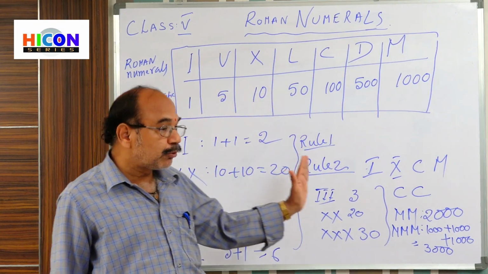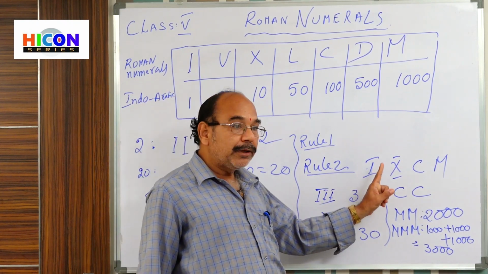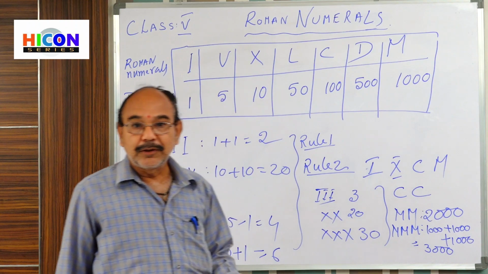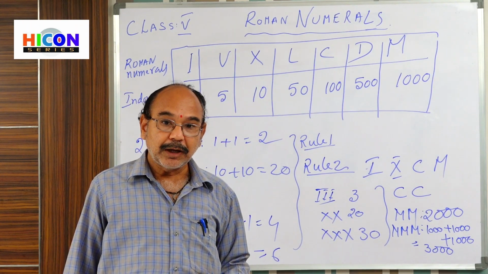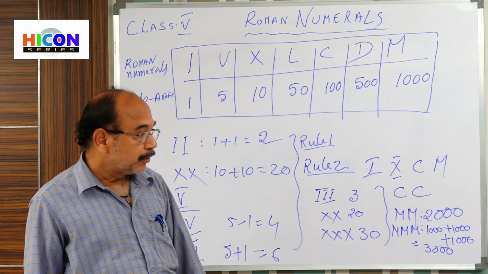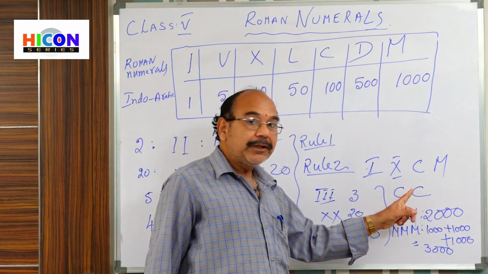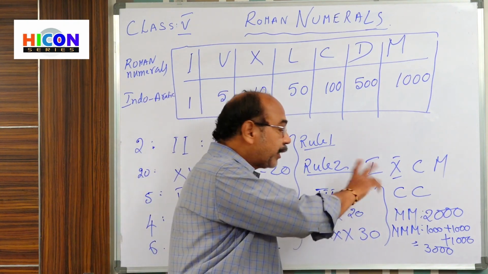Like this, in this rule 2, what is it telling? Particularly the Roman numerals I, X, C, M can be written repeatedly, and there is a certain limit in repeating these Roman numerals. What is the maximum? 3 times.